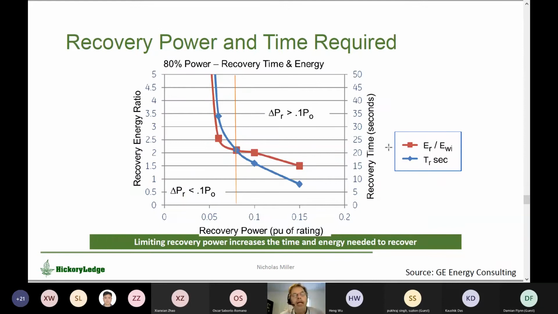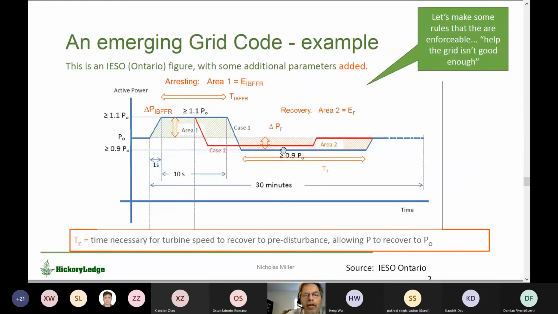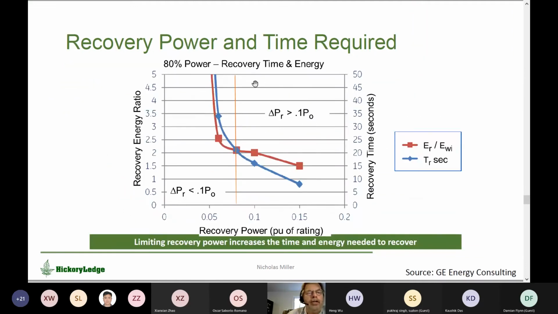If you stretch out the recovery too much, and this is an example of that parametric space for one turbine design, this is not universal, but the shape is universal, you make the recovery longer, and the amount of energy in this orange hashed area grows. This is the curve here at somewhere around 0.06 growing to infinity. The turbine stalls.